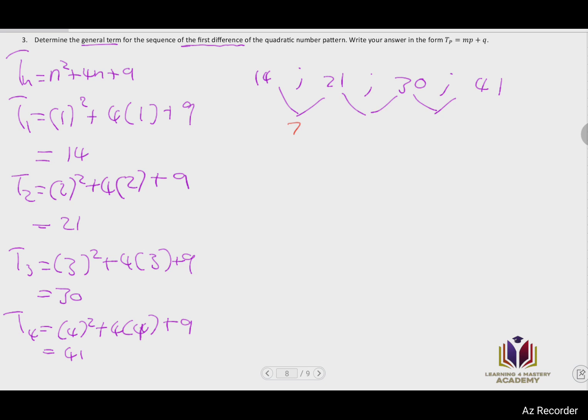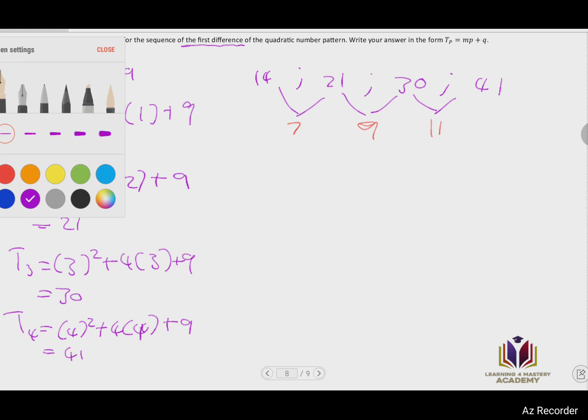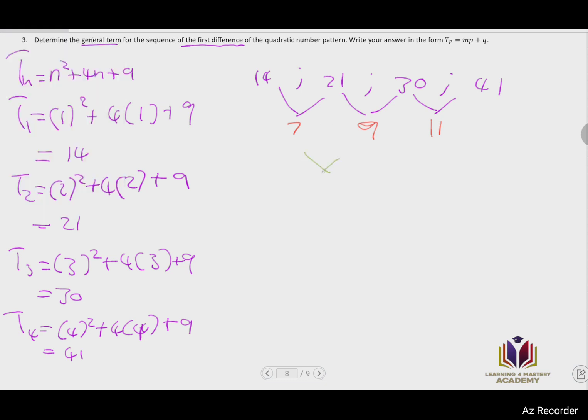Then we proceed. 30 minus 21 gives us 9. 41 minus 30 gives us 11. And then we can go to the second difference. 9 minus 7 gives us 2, and 11 minus 9 gives us 2. There we go. See?